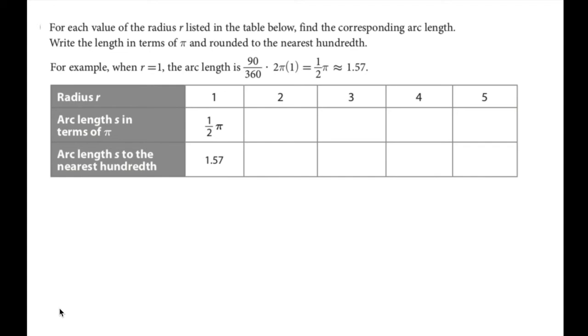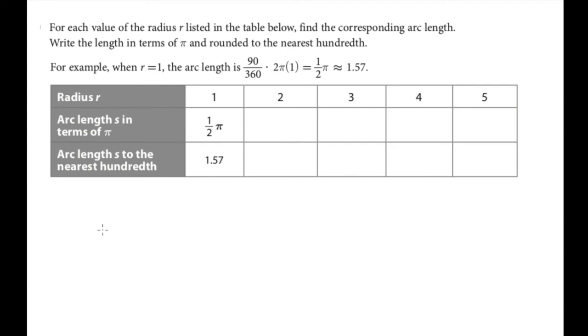All right, so the next exercise is you're going to find the arc length of a 90-degree angle for circles with different radiuses. It gives you the first one.